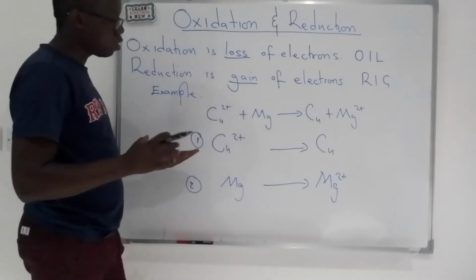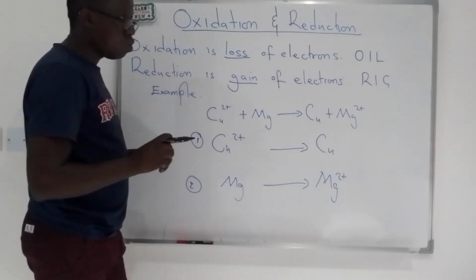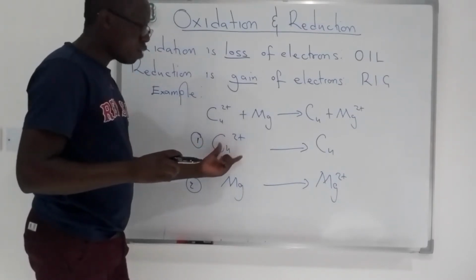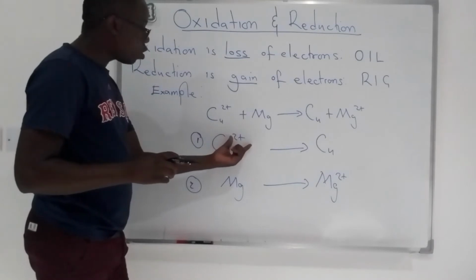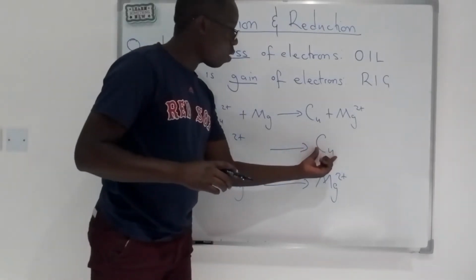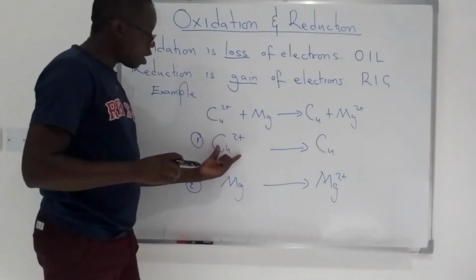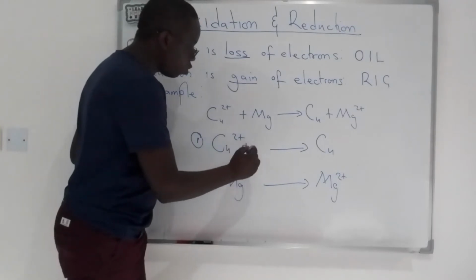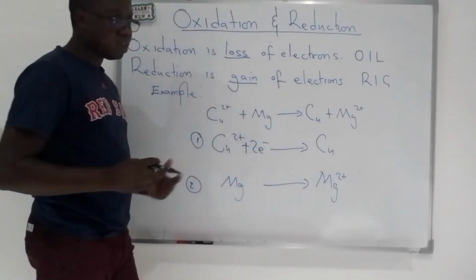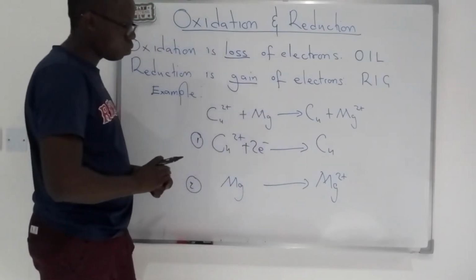Now, if you have the two, you'll notice that there is something that we can do to either the product or the reactant in terms of balancing the electrons. When you look at the copper, for the reactant side, the overall charge is positive 2, while the other side, the overall charge is 0. So on the reactant side, we can introduce 2 electrons so as to balance this equation in terms of the overall charge.